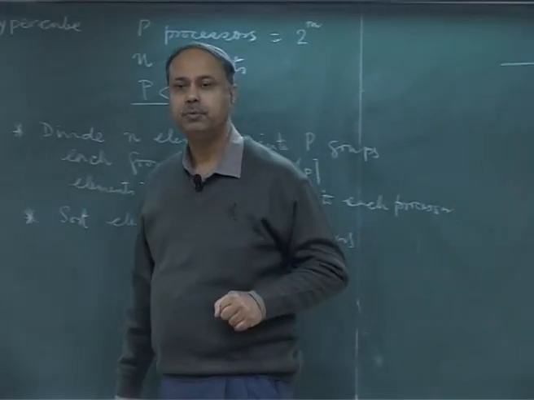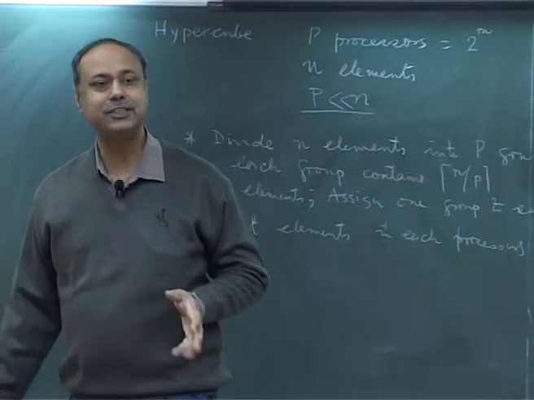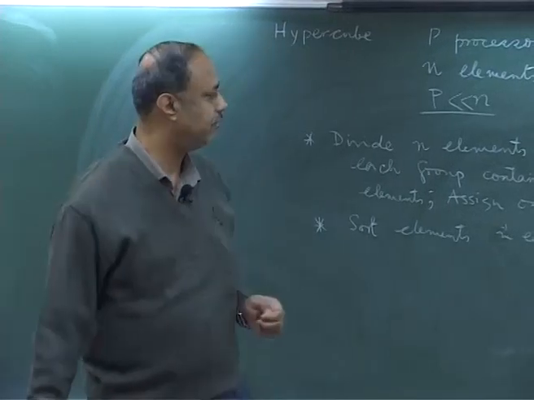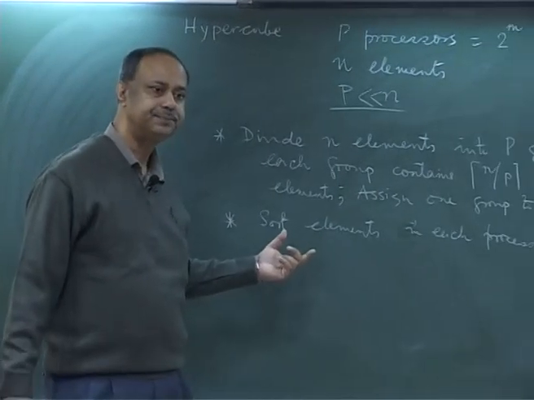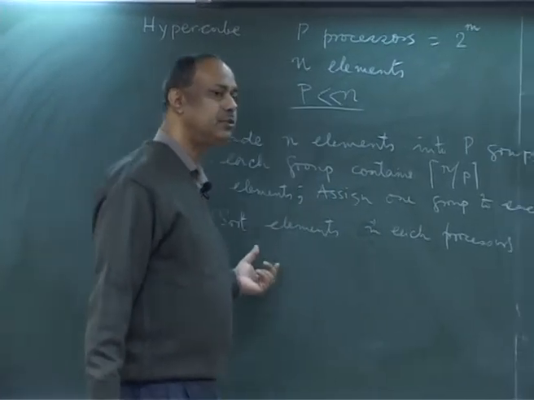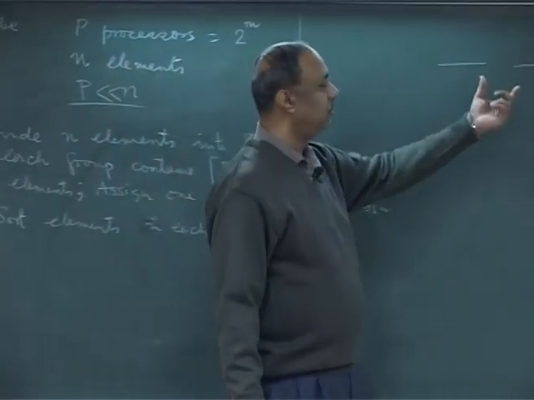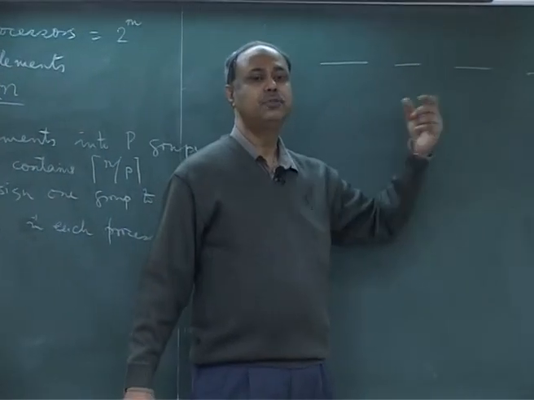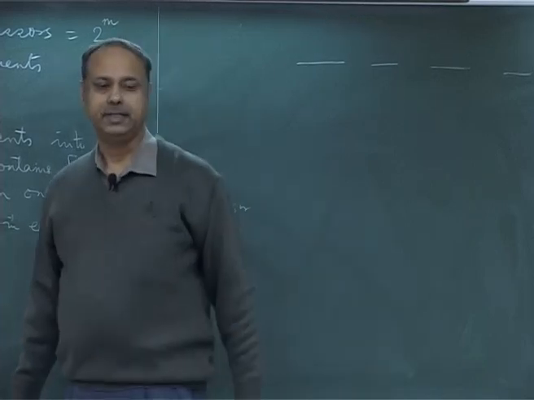right. So, let us assume that s equals 0, you are looking for the 0th step. At s equals 0, all even index groups should be in decreasing order.